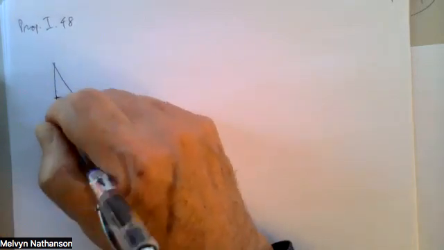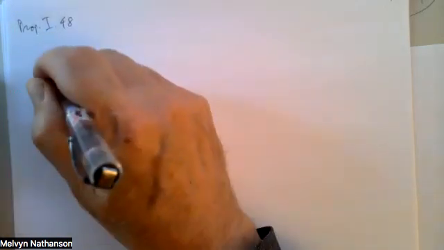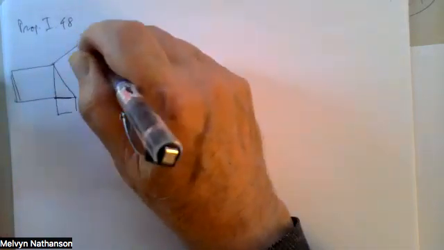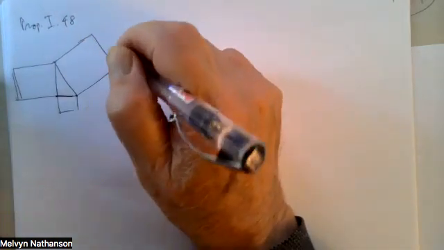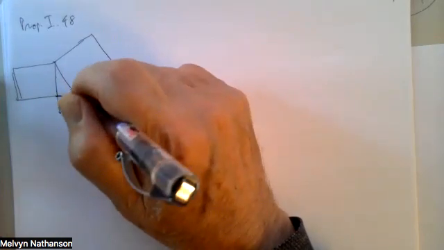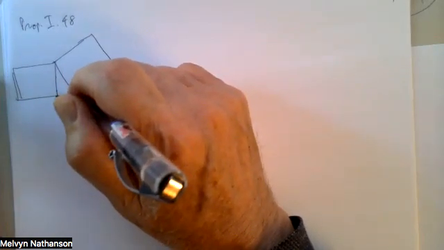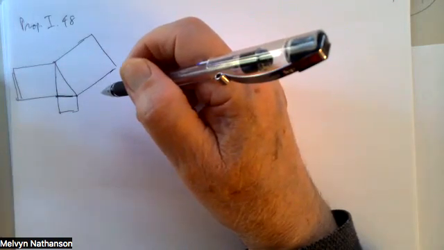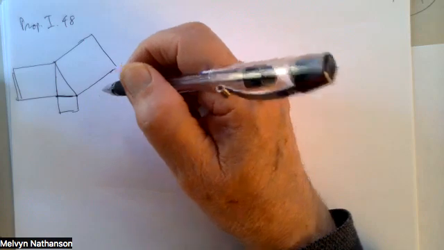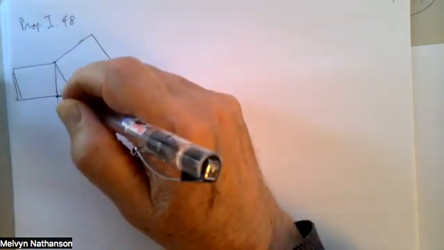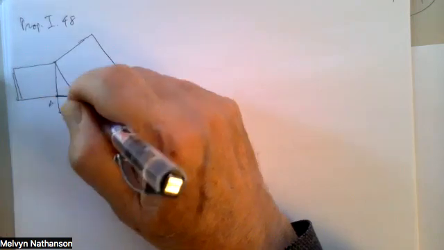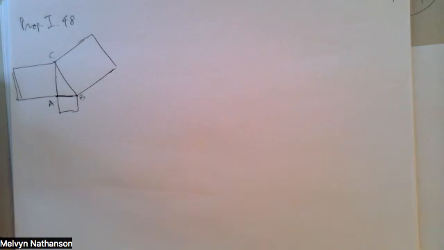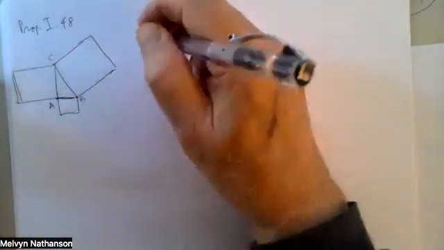Right? And if on each side of the triangle you construct a square, so let's say this is A, B, C. So let me just write it like this.